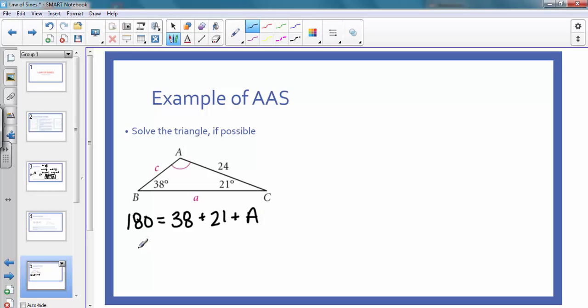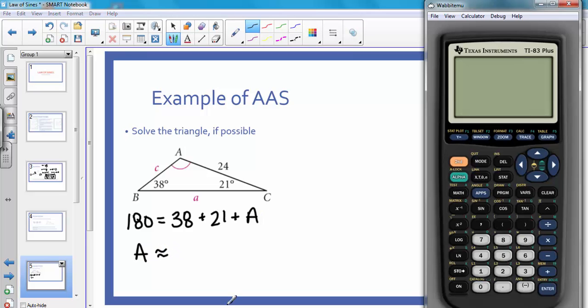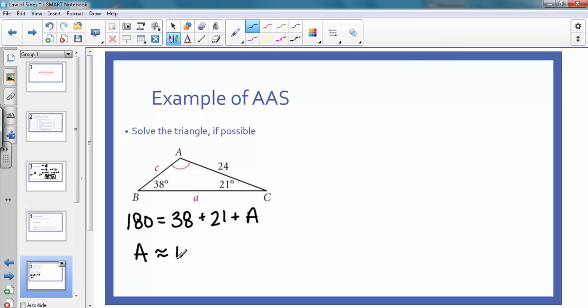So I can very easily solve for A, and A is going to be 180 minus 38 minus 21, and so that gives me 121 degrees. So now that we know all of our angles, we can use the law of sines.